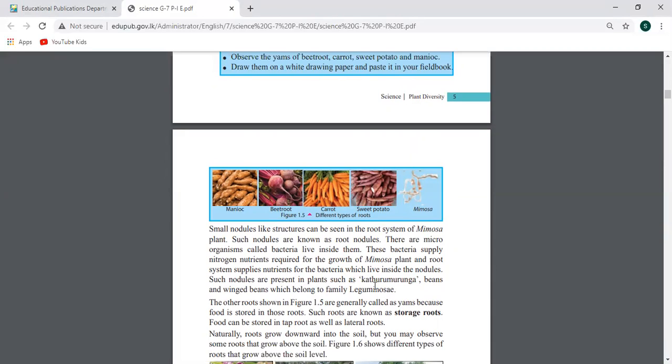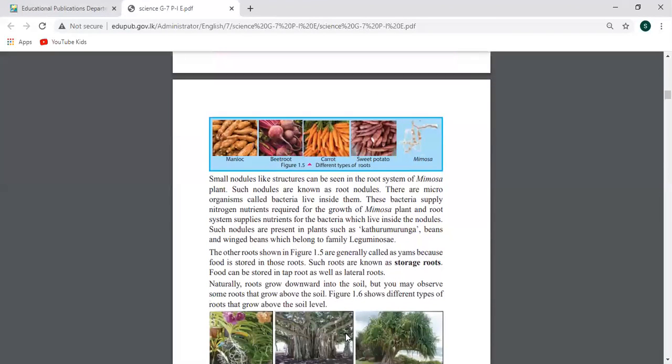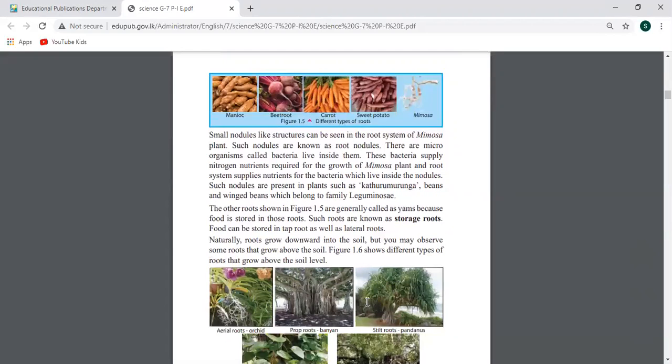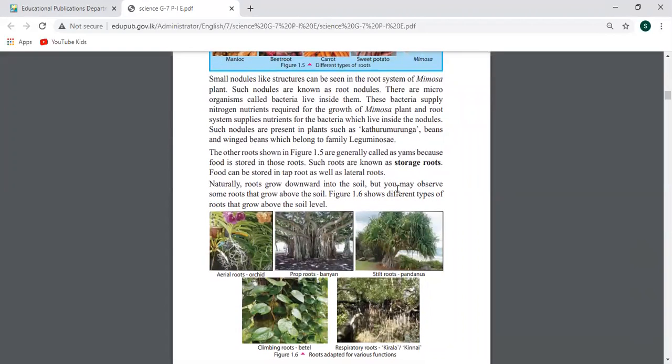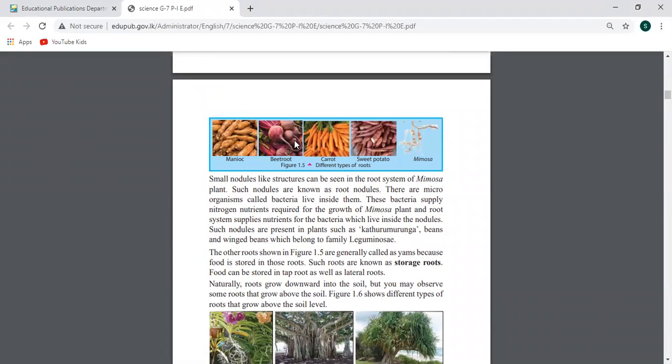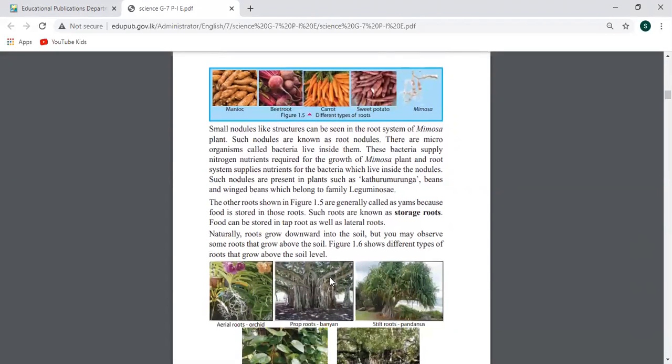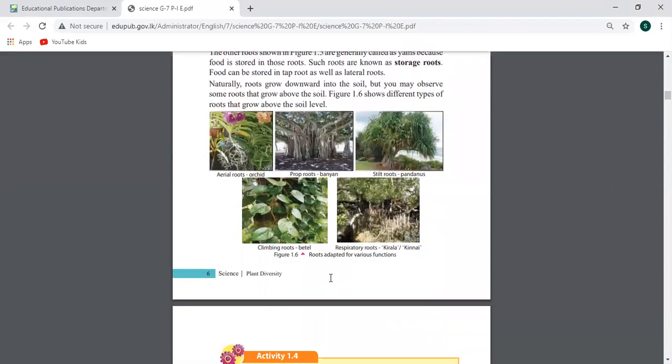Some plants such as long beans and winged beans belong to the family Leguminosae. Storage roots store food, like carrot, beetroot and onion. So there are different types of roots.